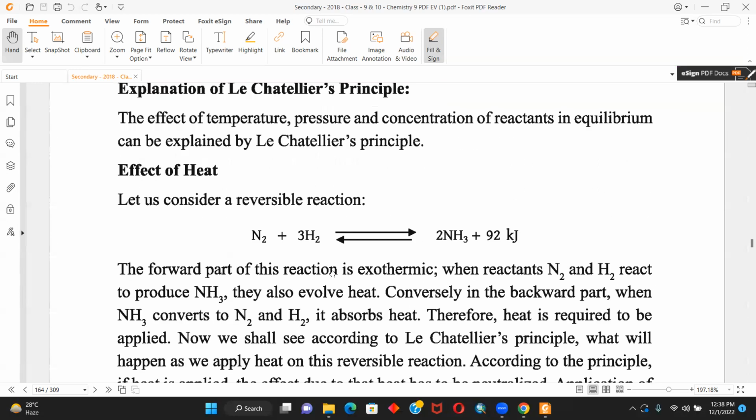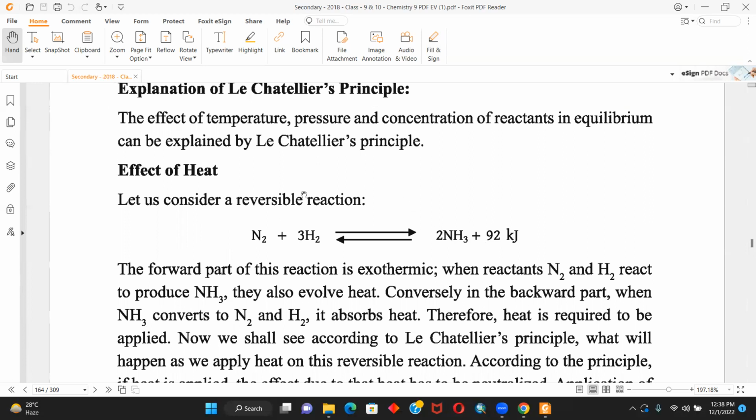And what did we say? Say for instance, if we see this reaction, the forward reaction is exothermic and the backward reaction is endothermic. Now, whenever we add heat in the equilibrium state of this reaction, it will do the opposite of what we have done.